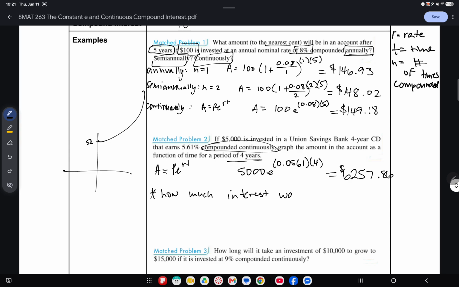So how much interest was earned in those 4 years? We can take the amount we had, 6,257.86, subtract off the original amount we put in, and we're left with 1,257.86. That's how much we had earned in interest.